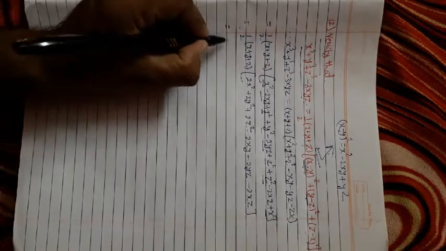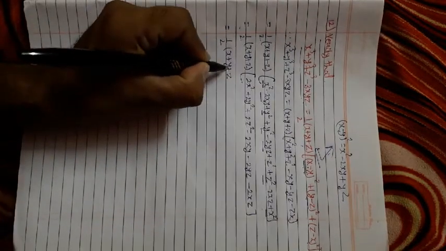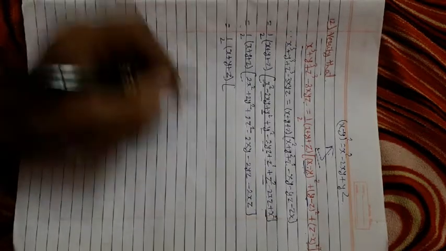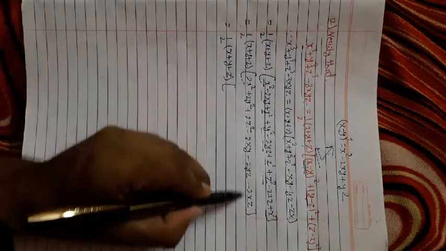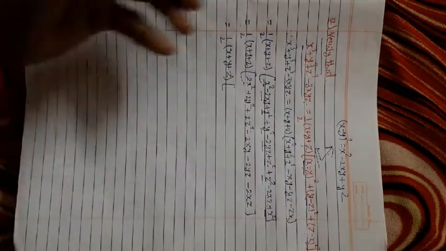Now 1 by 2 (x plus y plus z). When we see, all the terms have 2 with them, which means 2 can be taken out as common.